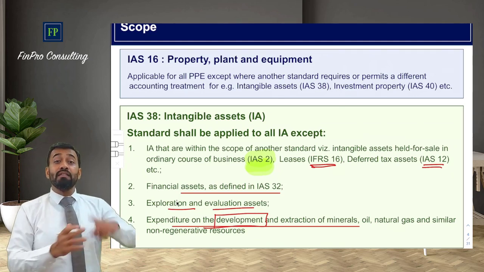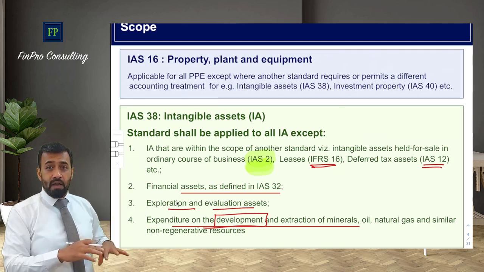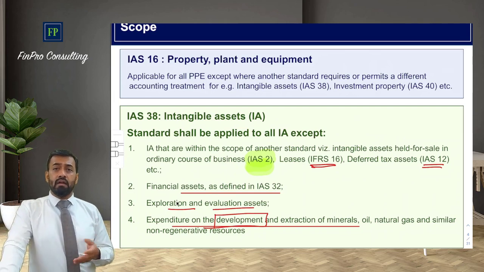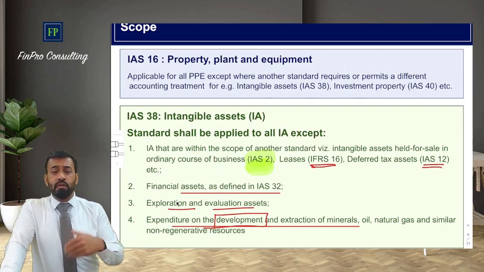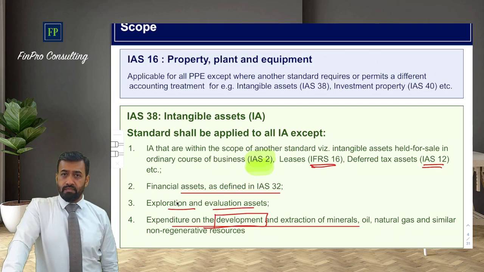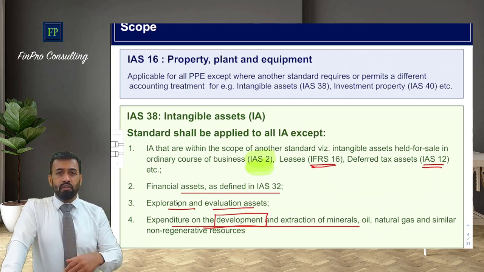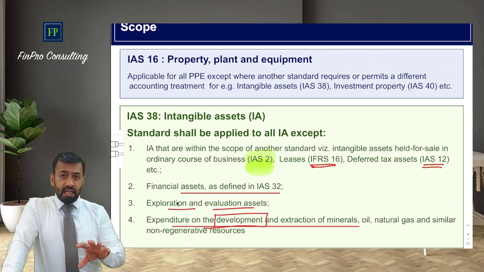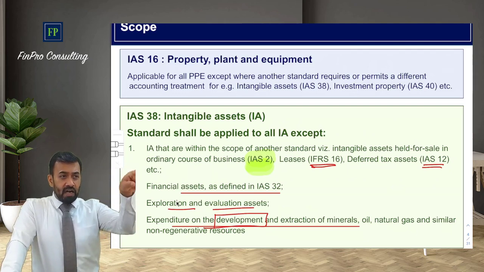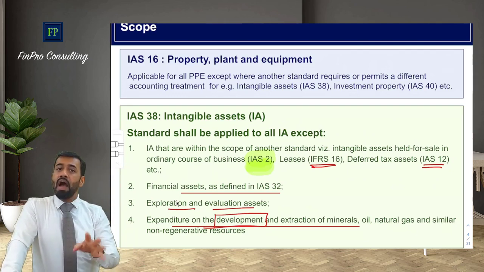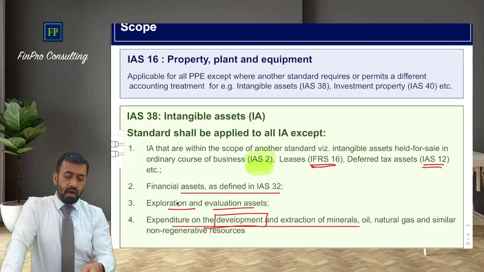So how do we do that? Then IAS 8 comes to our help. IAS 8 says if there is a specific standard, apply that for accounting of it. IFRS 6 excludes that accounting treatment for the development expenditure.